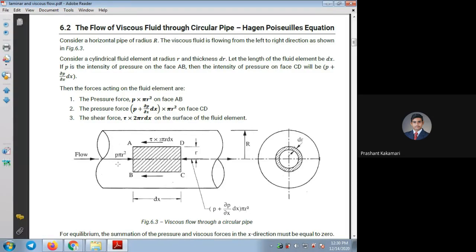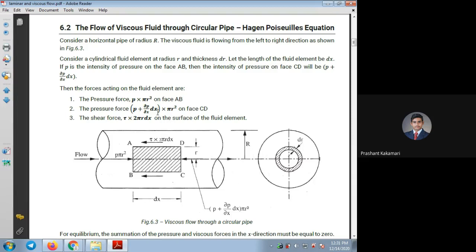These two pressure forces act in the flow direction and opposite to the flow direction. The pressure force on face AB is P into pi r square. The pressure force on the face CD, which is opposing the flow of this fluid element in the pipe, is P plus partial P by partial x into dx, into pi r square.